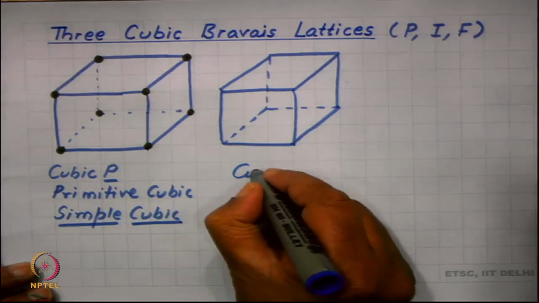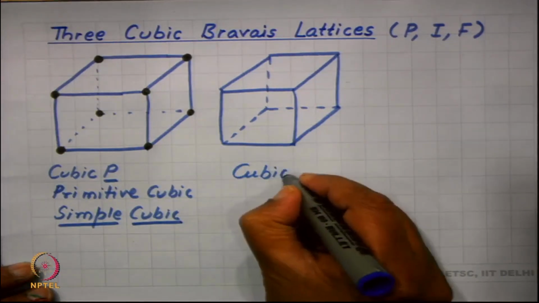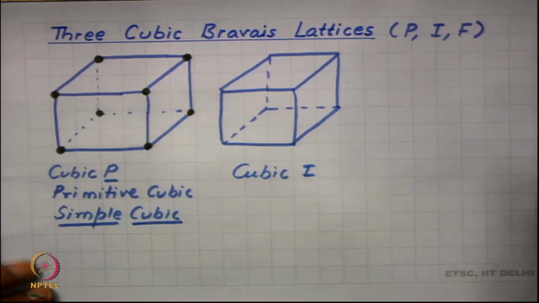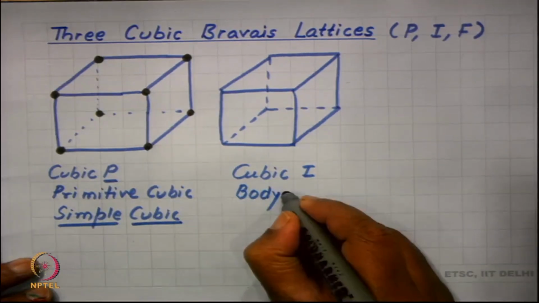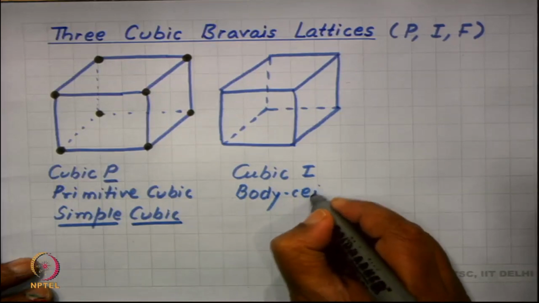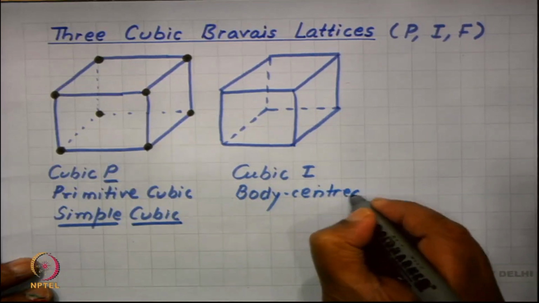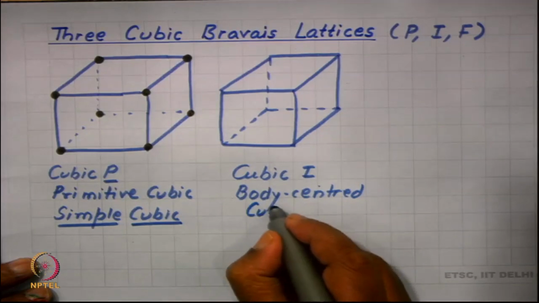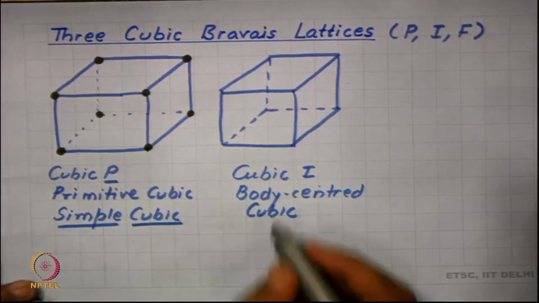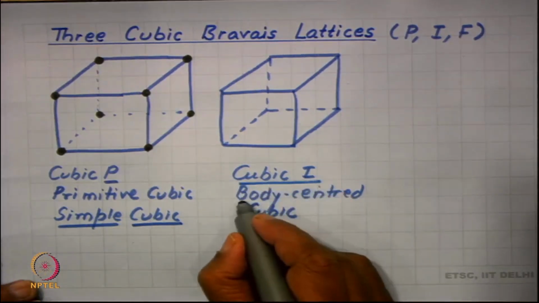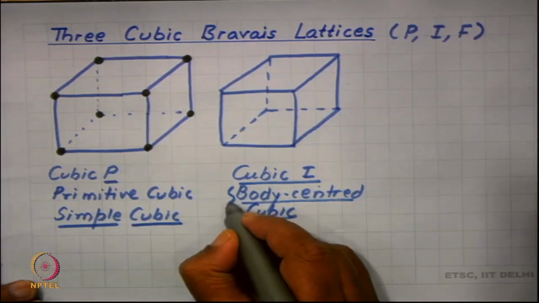Let us draw cubic I. This will be body centered cubic. Both names are synonymous or equivalent. So, you can say cubic I or you can say body centered cubic.